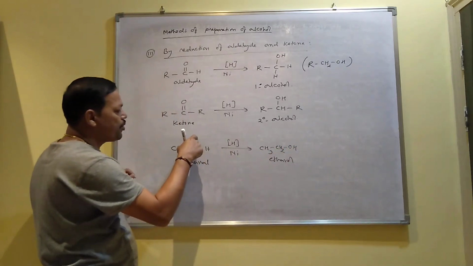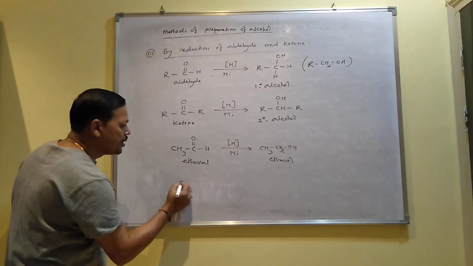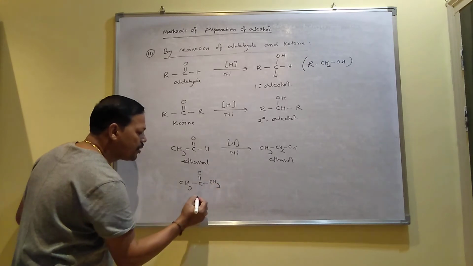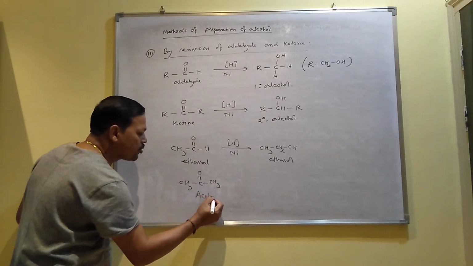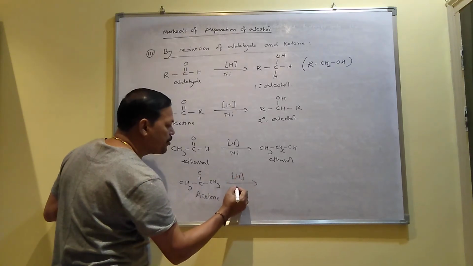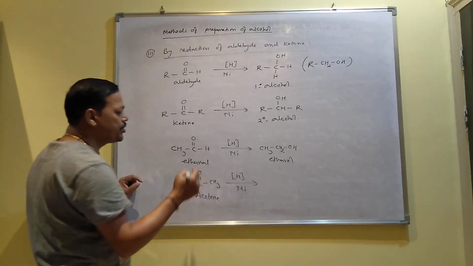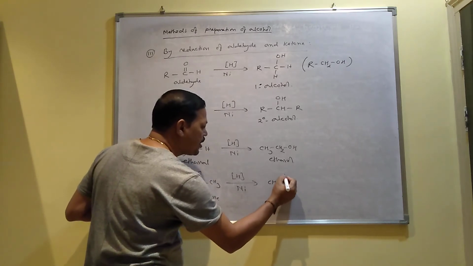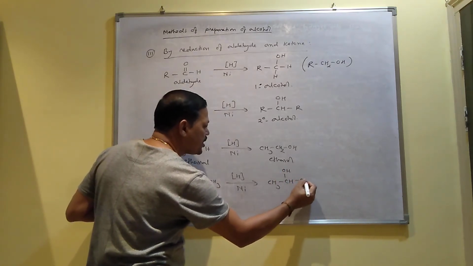One hydrogen is added with oxygen, one hydrogen with carbon. Similarly, this is one ketone, both sides it contains carbon. This name is acetone. It is also called propanone. When you do reduction, one hydrogen you add with carbon, another hydrogen you add with oxygen, and you will get CH3CH(OH)CH3.